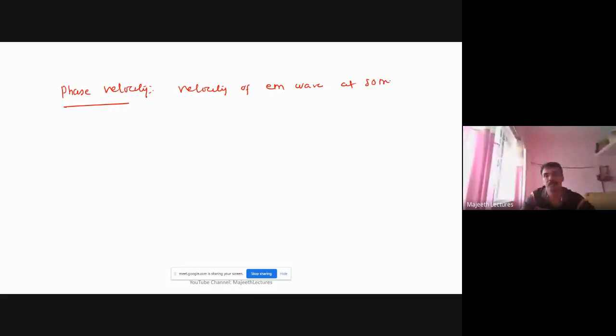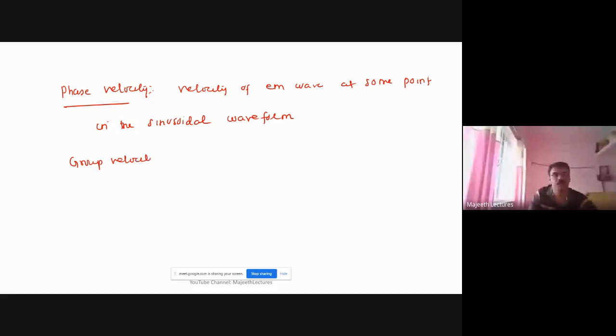So at some point in the sinusoidal waveform, that is what phase velocity is. Another velocity is there, that is group velocity. So we must know the difference between these two, right?